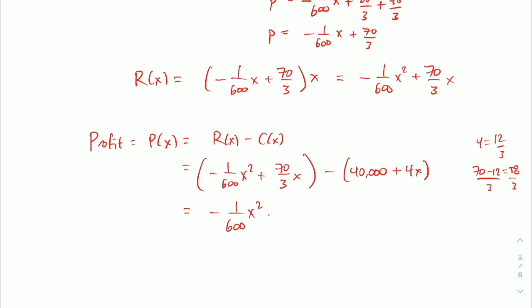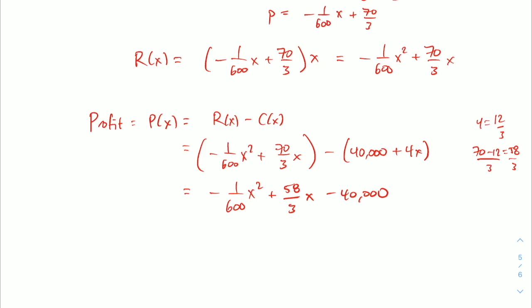So we'll have 58 over 3 X minus 40,000. Then our marginal profit is going to be the derivative of our profit function, so negative 1 over 600 times 2X plus 58 over 3, which we can simplify as negative 1 over 300 X plus 58 over 3.